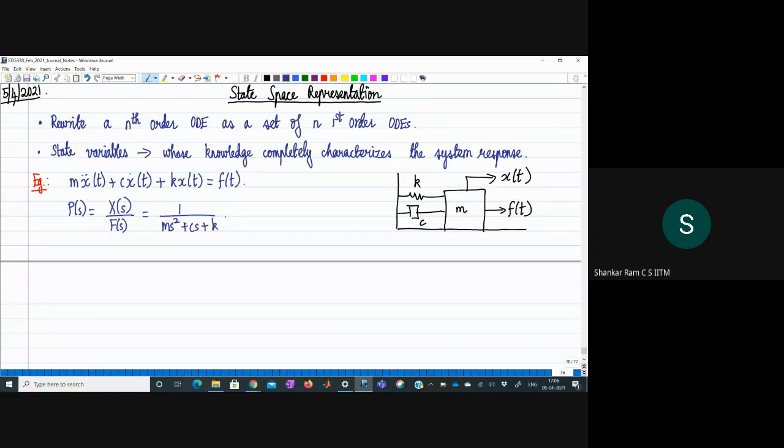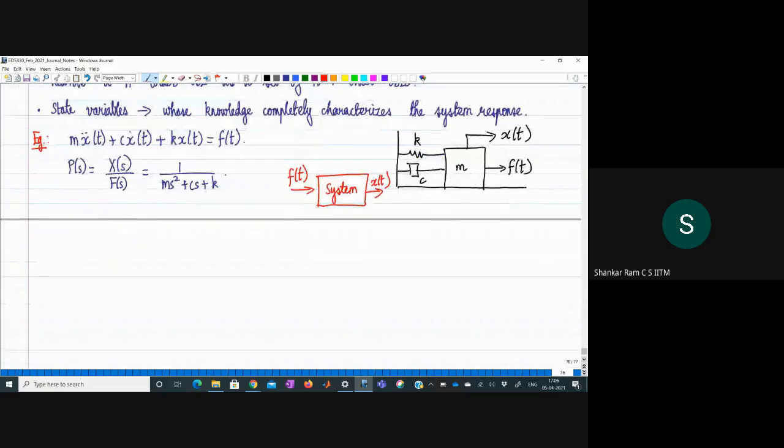If we look at this mass spring damper system, the force f of t is the input, and the displacement x of t is the output. As we already know, the transfer function is the ratio of the Laplace of the output to the Laplace of the input under zero initial conditions.